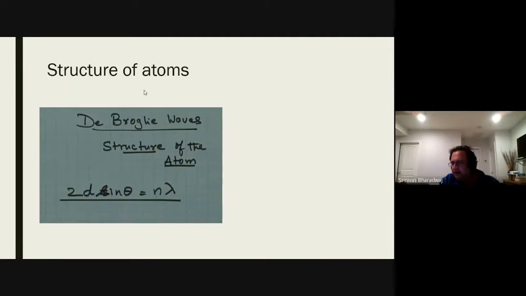He said there is h, which is Planck's constant, and h divided by p, where p is the momentum of the electron, will give you the lambda of the electron. Therefore, his explanation was that an electron, which many people thought was just a particle, was also a wave.